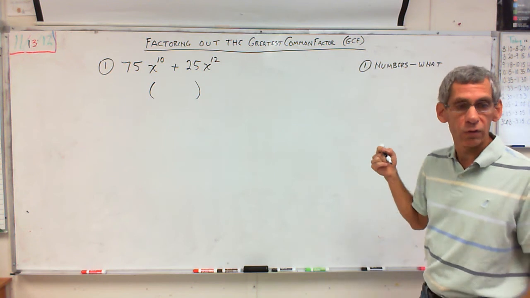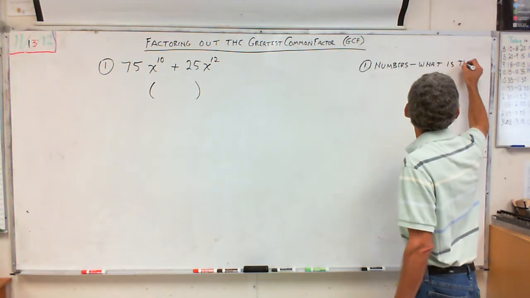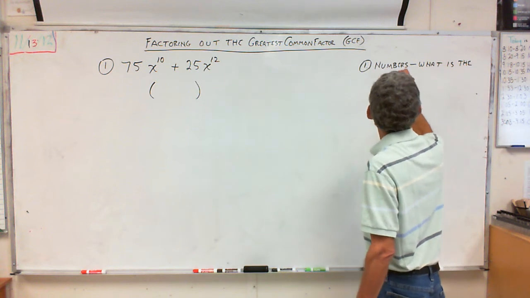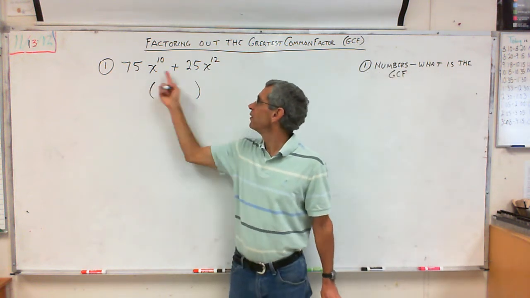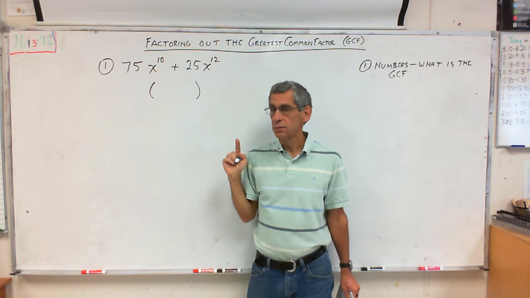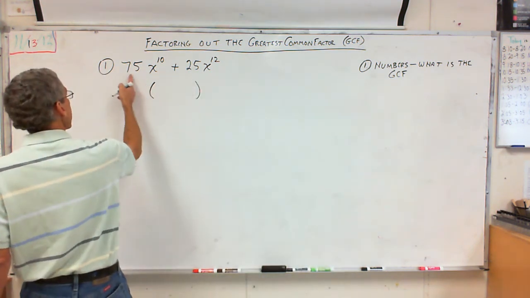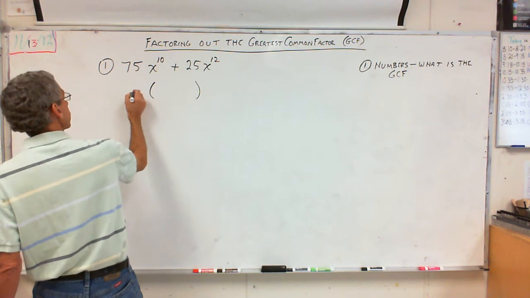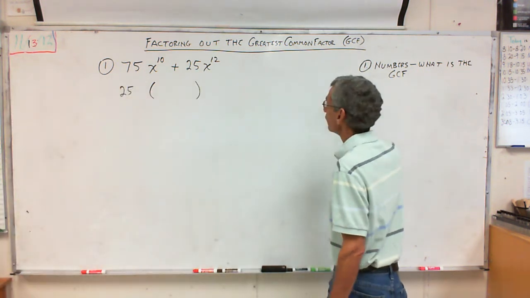What is the greatest common factor between 75 and 25? 25. So I could divide this by 25 and I could divide that by 25. So I'm going to put a 25 here. That's the first thing I do.